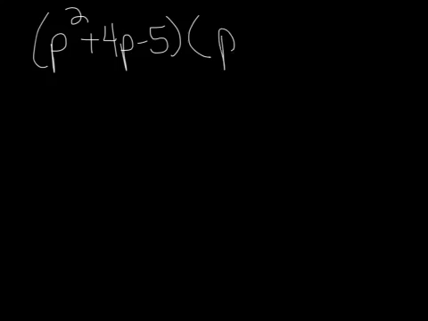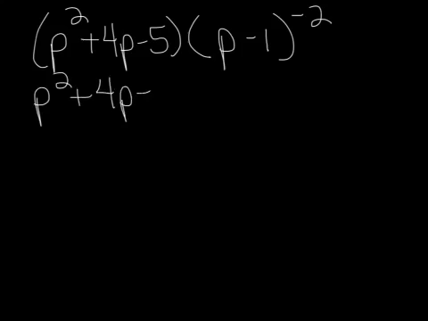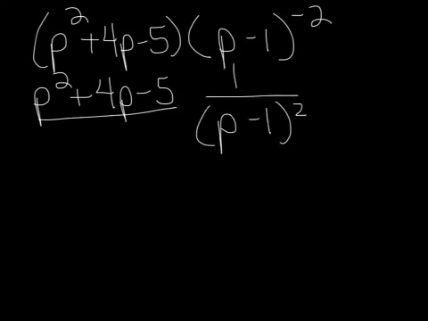Another example. A negative exponent on top. If I want to make it positive, I can take it to the bottom, and it will be 1 over p minus 1 squared. And that's over 1.